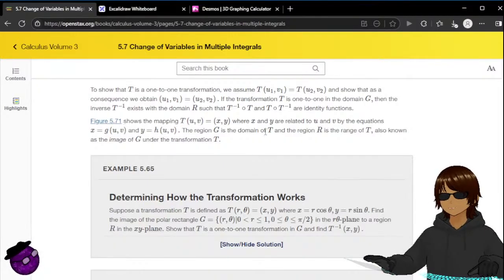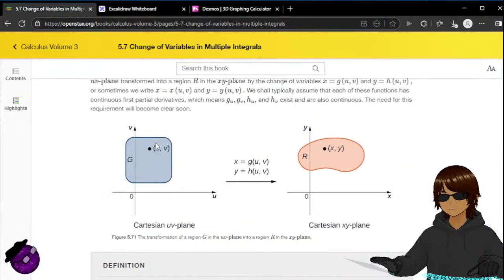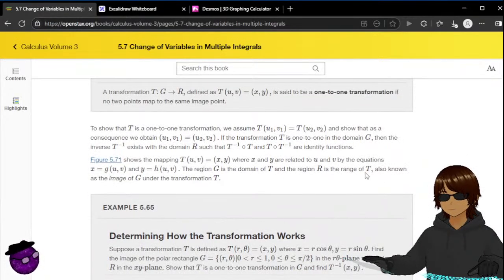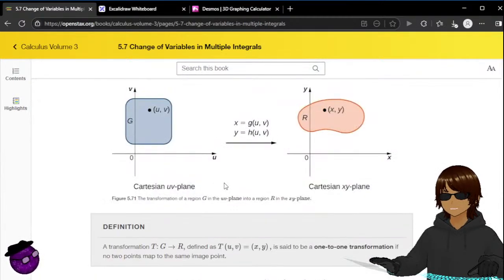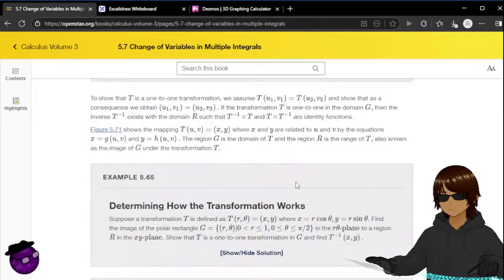The region G is the domain of T and the region R is the range of T, also known as the image of G under the transformation T.